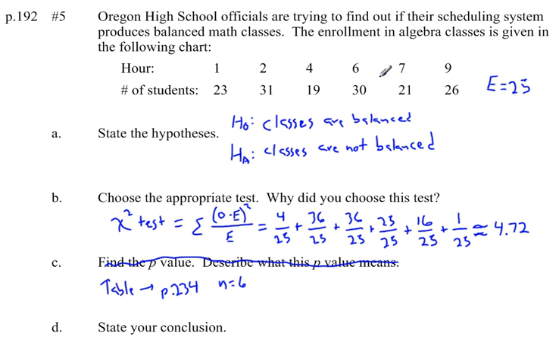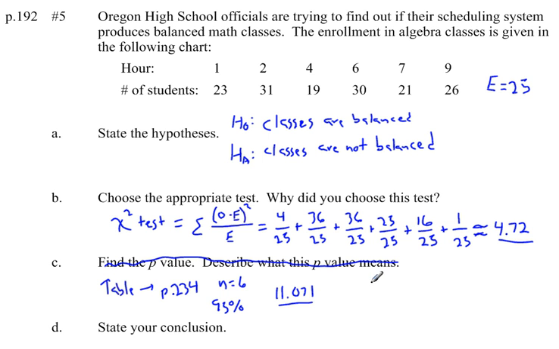Now I got that because there's 6 categories, 6 classes, and we want 95% significance. So if we go down to 6 over to 95%, we get a table value of 11.071.